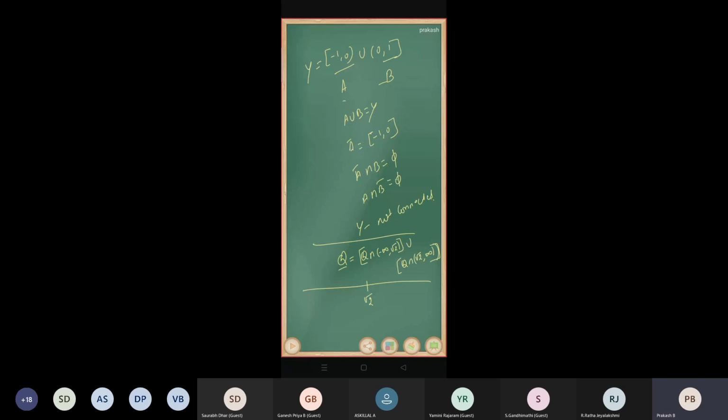So this is an open set in real. So in a subspace, the open set will be of this form. So it is open set in Q. This is also open set in Q, right? We have two open sets and its union is equal to Q and the intersection is equal to empty. So Q has a separation, therefore Q is not connected, right?